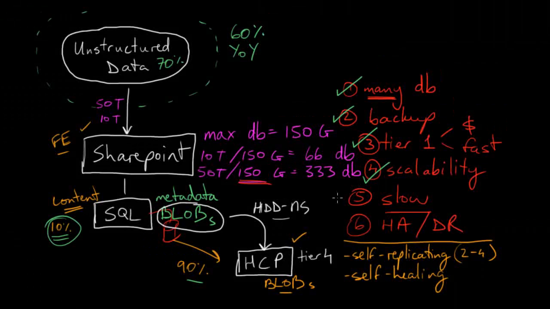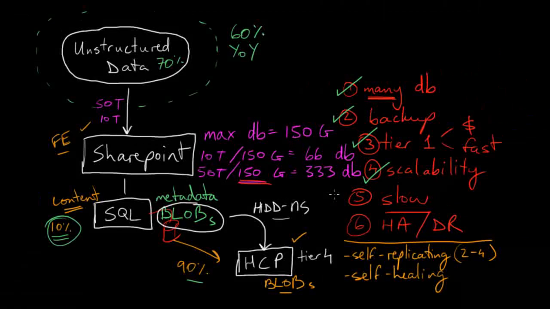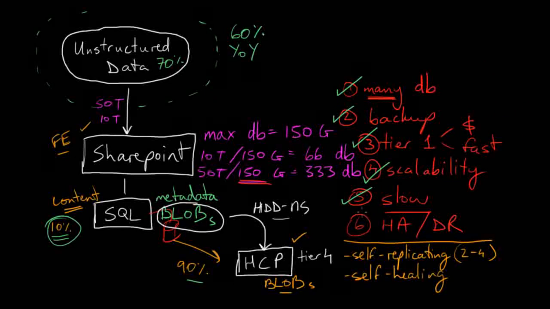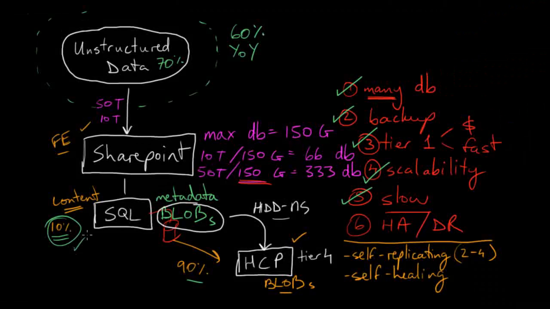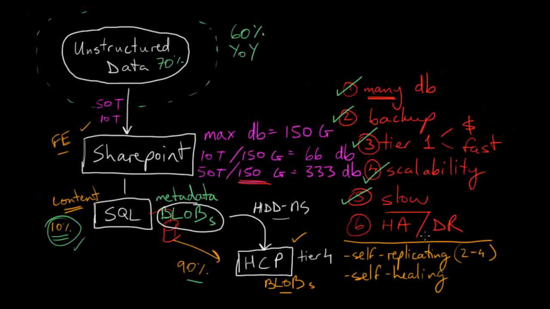We had unhappy users, right? Because we had big chunky databases that were close to their maximum recommended size, and therefore that slowed things down. Related to the above, that's now been fixed, right? These databases are now 10% of their original size. And with regards to high availability and disaster recovery, that itself has more or less been dealt with because of this self-replicating, self-healing technology.